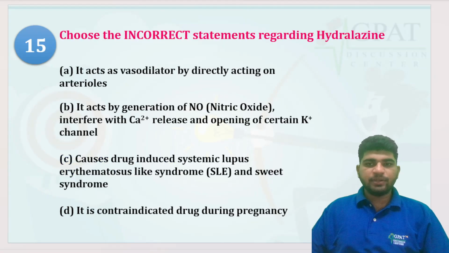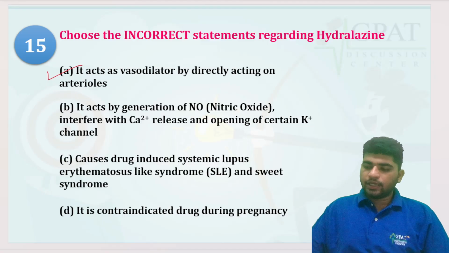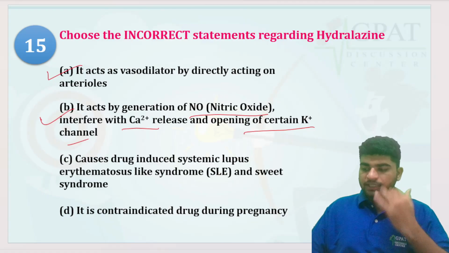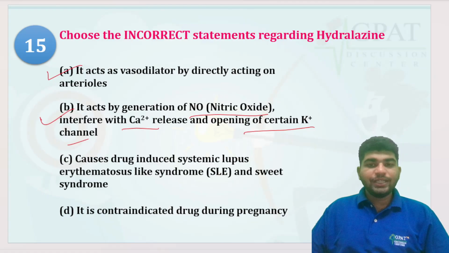Choose the incorrect statement regarding hydralazine. Okay, nice. So it acts as a vasodilator by directly acting on arterioles. Right. It acts by generation of nitric oxide, interferes with calcium release, and opens potassium channels. Yes, it is right. It causes drug-induced systemic lupus erythematosus-like syndrome.